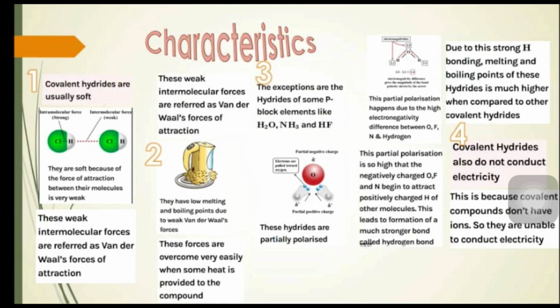This leads to the formation of a much stronger bond called hydrogen bond. Due to this strong hydrogen bonding, the melting and boiling points of these hydrides are much higher compared to other covalent hydrides. Covalent hydrides also do not conduct electricity, because covalent compounds don't have ions, so they are unable to conduct electricity.